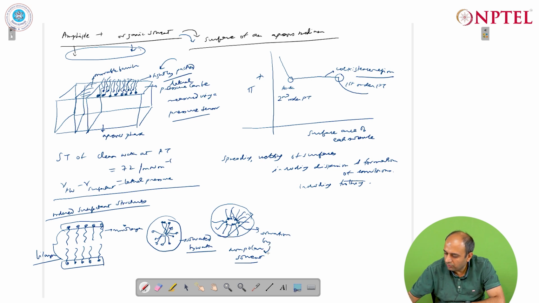And we can also have the formation of vesicles, where these are all my polar heads, and in between I will have the non-polar parts.